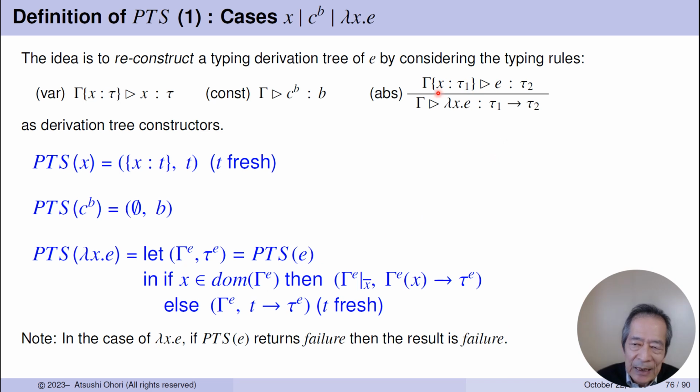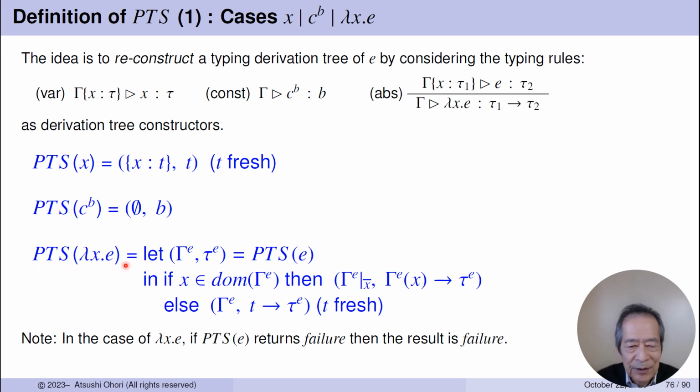Because x is not in the principal typing, that means x is not used inside of E. So the domain part is anything, so we just use a fresh type variable t, representing any type.